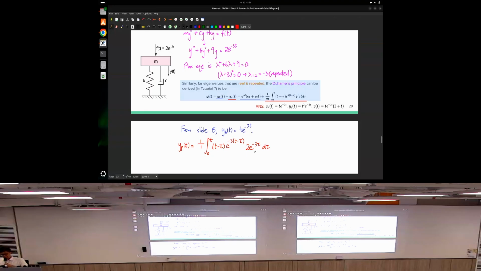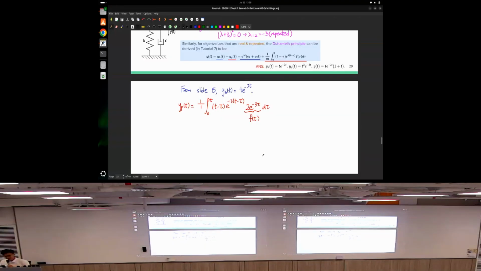But this is chicken feed, because e to the minus 3t times e to the 3 tau, this one minus 3 tau, so it reduces. The 2 can be factorized out, and e to the minus 3t has nothing to do with tau. Integrate 0 to t of T minus tau d tau. Isn't this chicken feed? So the solution is 2e to the minus 3t times t tau minus tau squared over 2.